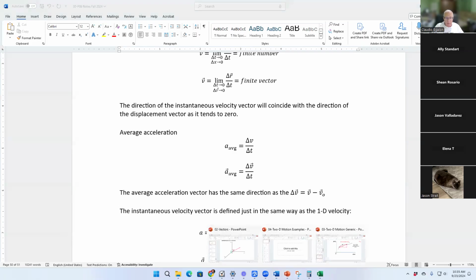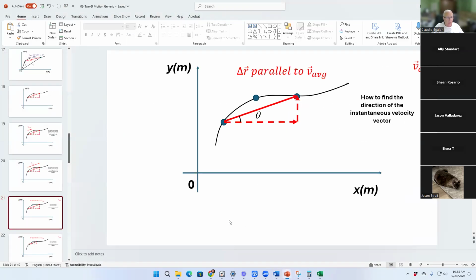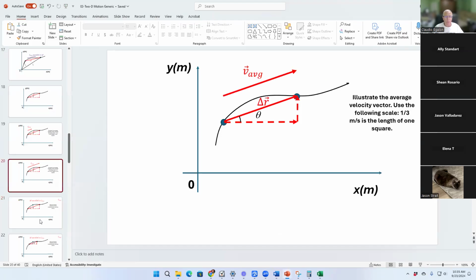And let's try to visualize how it looks.